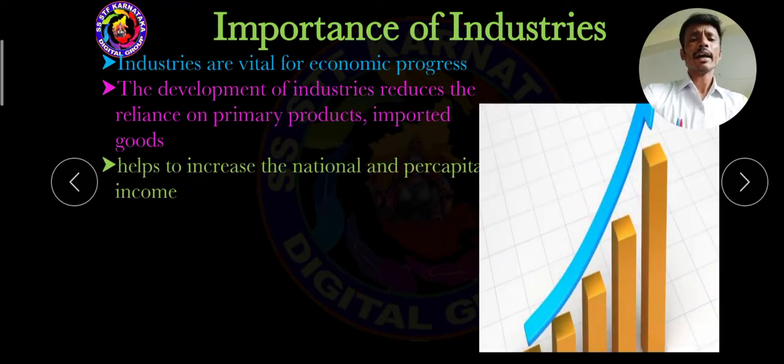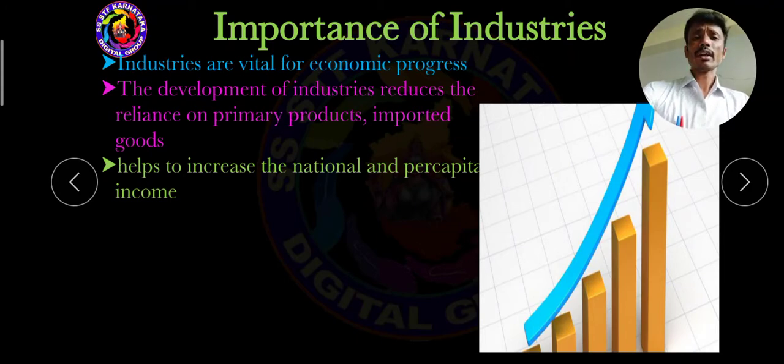Industries also help to increase the national and per capita income. Do you know GDP, gross domestic product? Overall, over the year, the country earns foreign exchange and sources of income, and in the same way an individual person also earns sources of income. These two credits also go to industries.